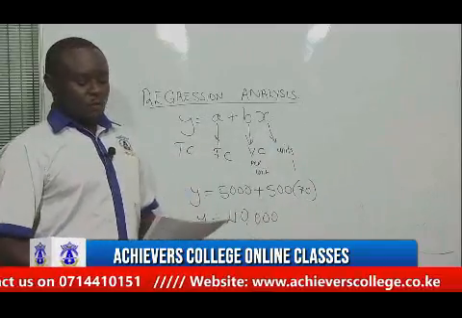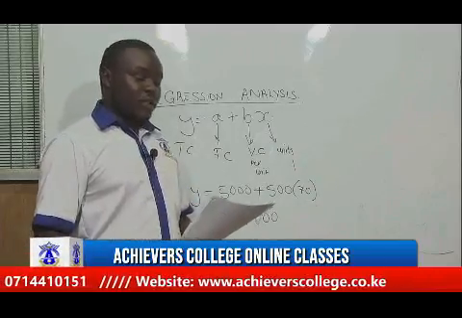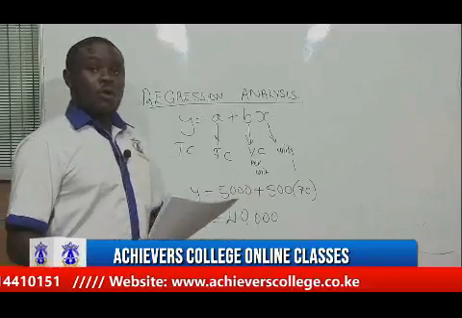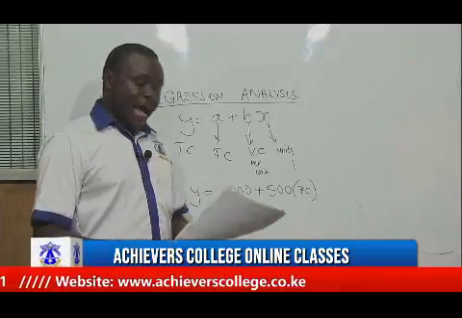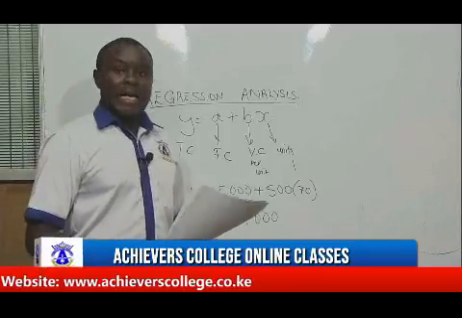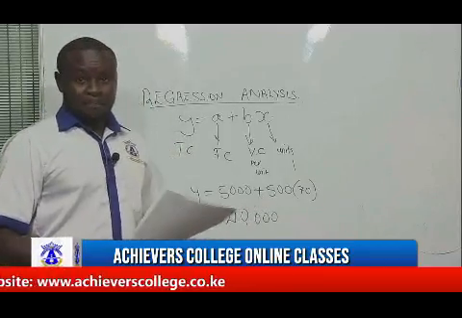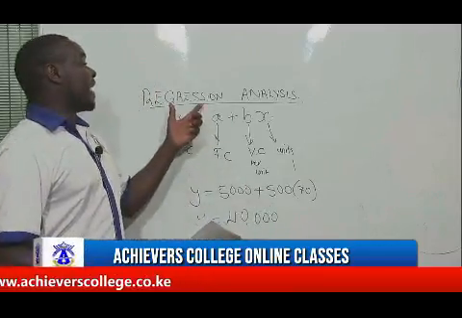That is what we call causal effect as a use of regression analysis. I want to believe that you are understanding bit by bit as we move on with our learning today.